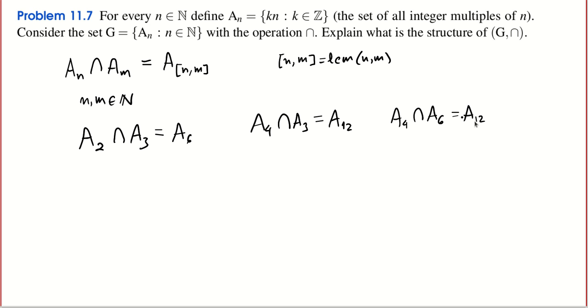Already this example tells us that this cannot be a group. Because remember, if you have a group, the product of an element with two different elements can never produce the same element. Here a4 is multiplied by a3 and by a6 and produces the same element.